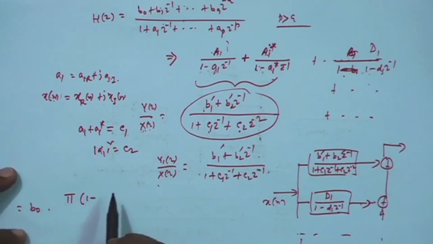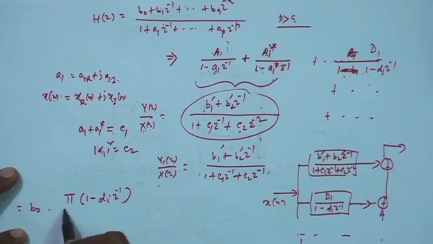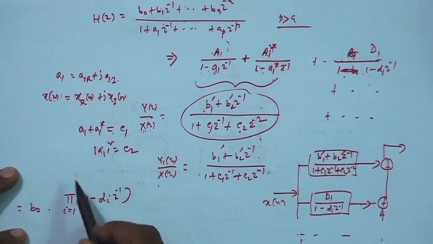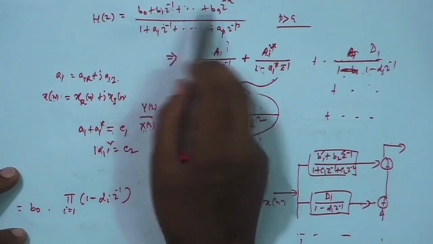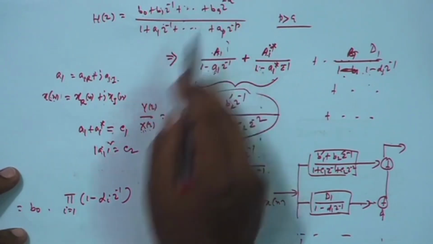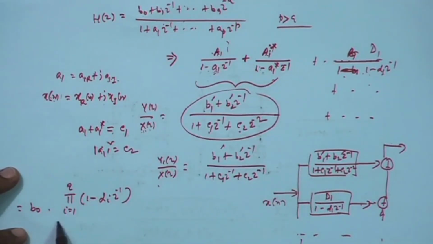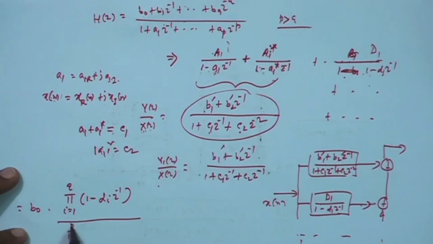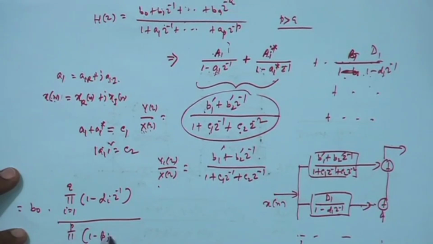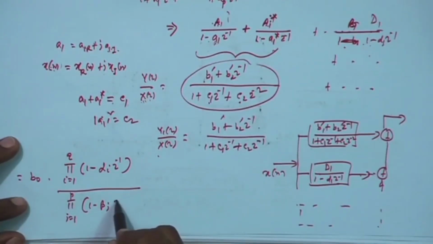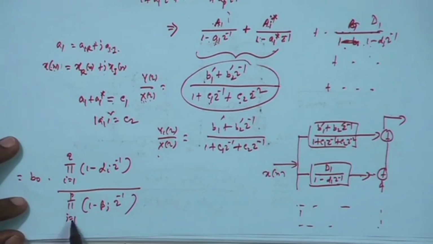Now, so numerator will be some coefficients, maybe alpha i Z inverse, i equal to 1 to how many? Z inverse 1 to Z inverse q. So, there should be q terms, and denominator also j equal to 1 to p, 1 minus maybe beta j Z inverse. So, p times, the power will be p.